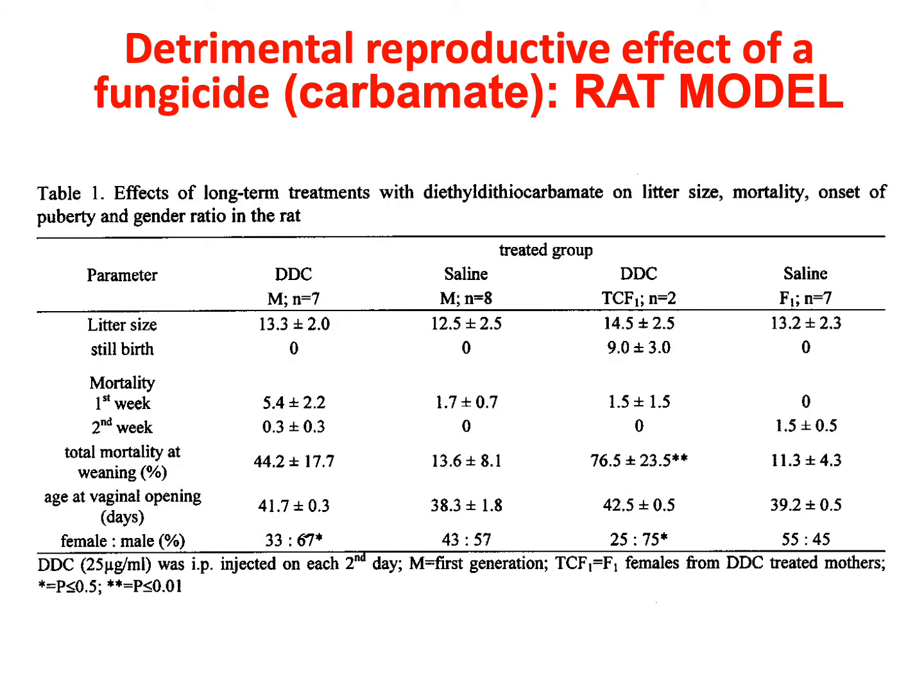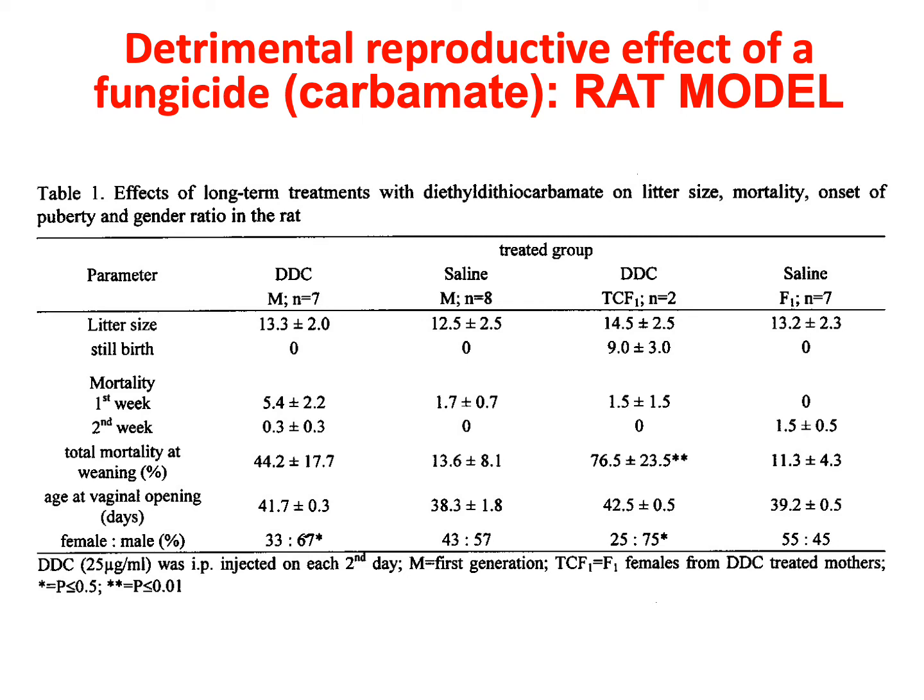The detrimental effects of pesticides and fungicides on reproductive performance are given in a rat model. The effects of long-term treatments with diethyl dithiocarbamate on litter size, mortality, onset of puberty in the form of age at vaginal opening, and gender ratio in the rat are the following.